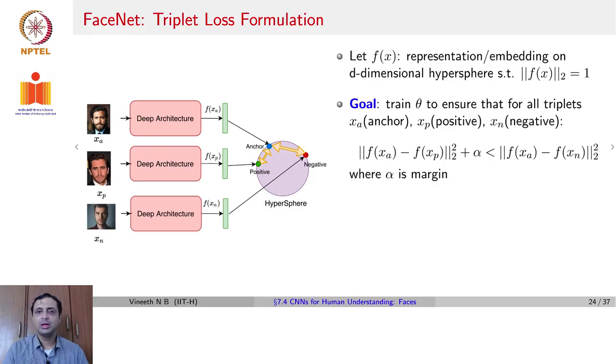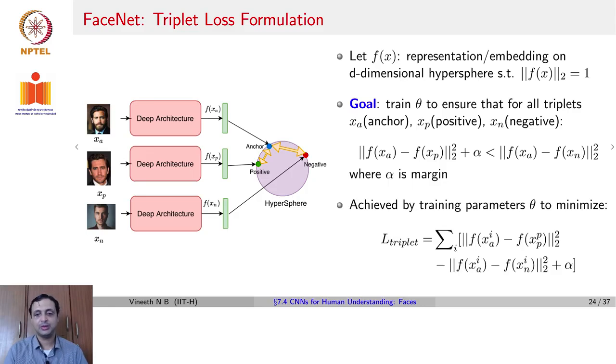And your goal now is to train θ, or the weights of the neural network, given all these triplets, to ensure that ||f(xa) − f(xp)||² + α is less than ||f(xa) − f(xn)||², where α is the margin.